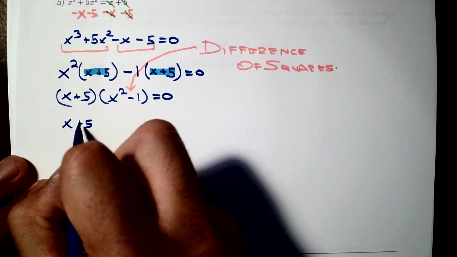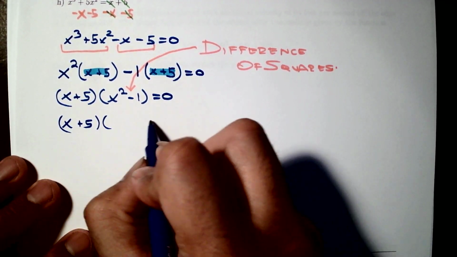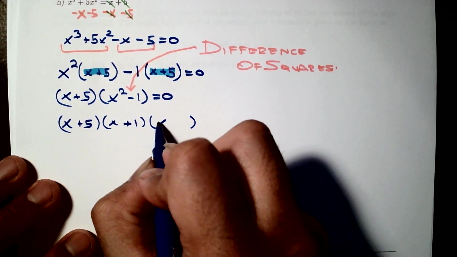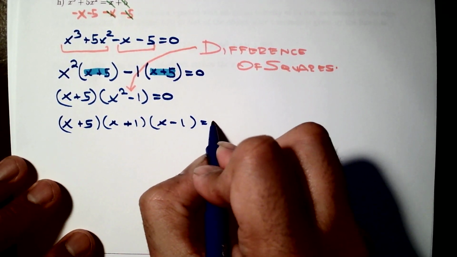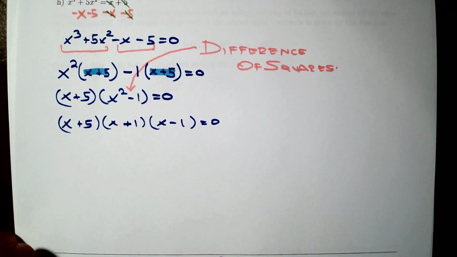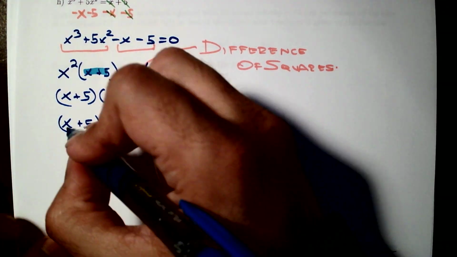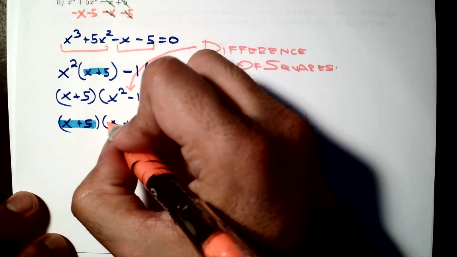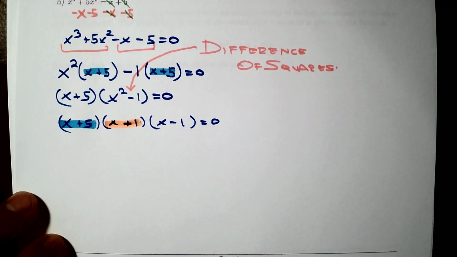X plus 5 times x plus 1, x minus 1. And then from here, let's highlight every single factor. Blue, orange, and pink.